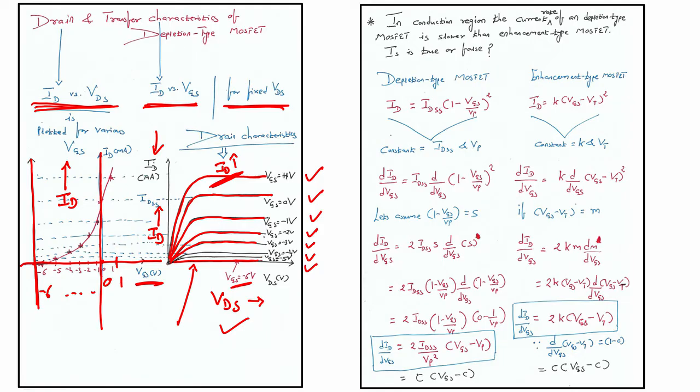Now, what we have to do is just draw, because this is ID, and this is also ID. So we just connect these ID values like this.